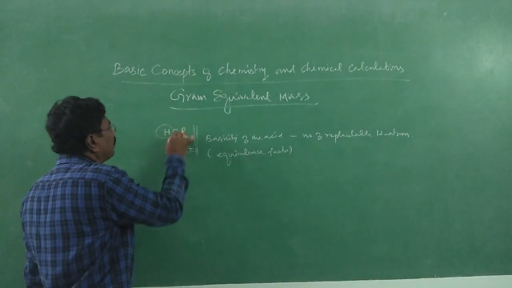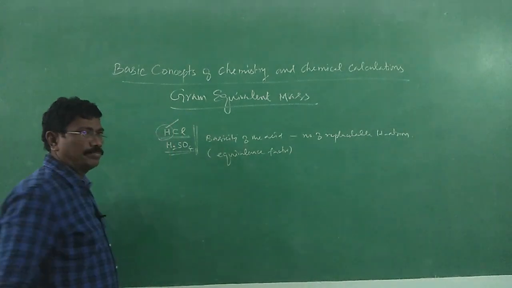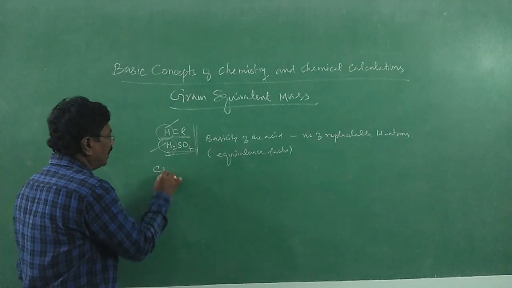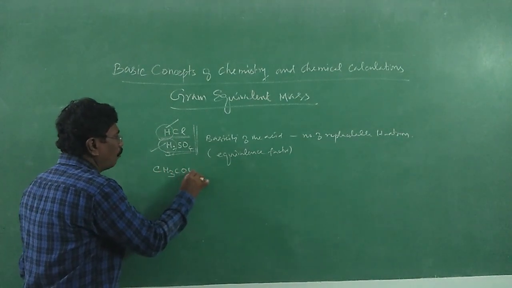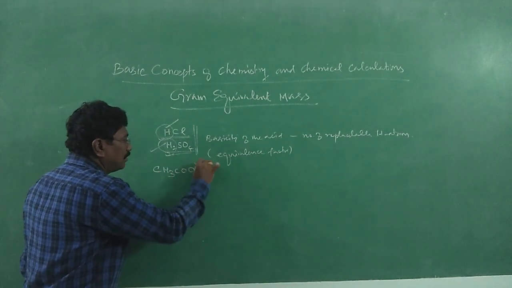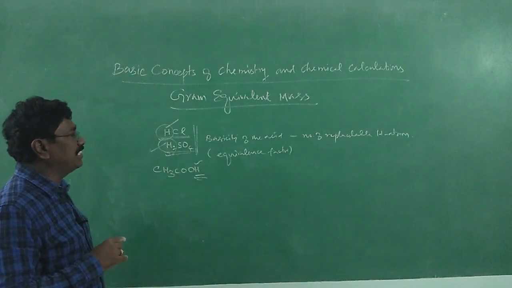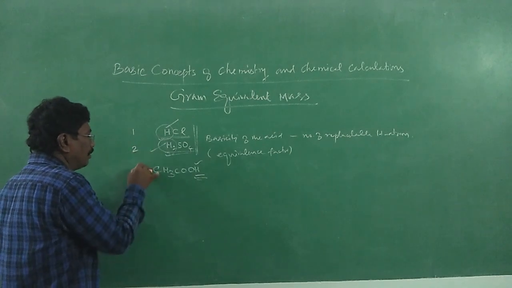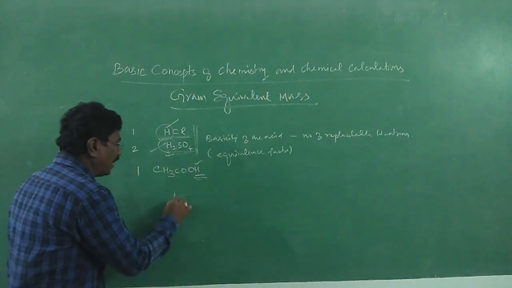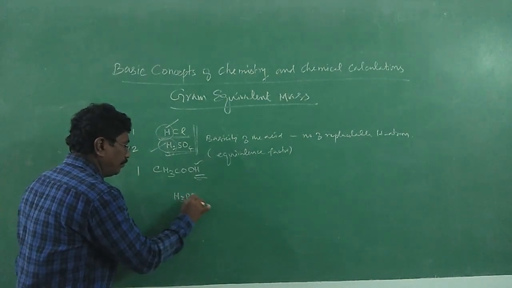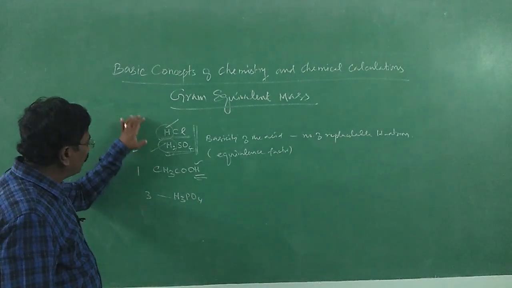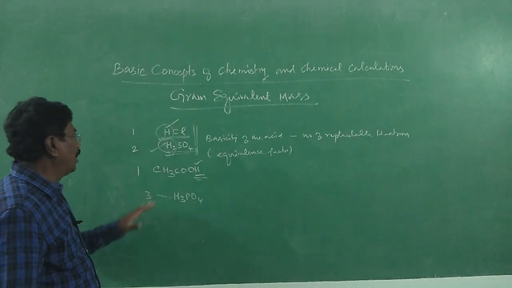In hydrochloric acid we have 1 replaceable hydrogen. In sulfuric acid we have 2 replaceable hydrogens. Suppose we take acetic acid, only one hydrogen is replaceable, so basicity is said to be 1. Here basicity 1, here basicity 2, here basicity 1. For phosphoric acid, basicity 3. Likewise, for different acids we have different basicity.